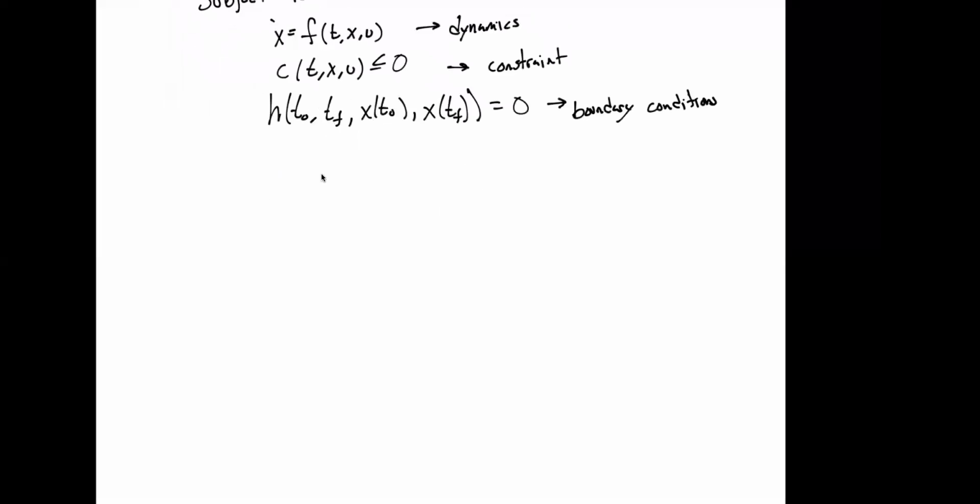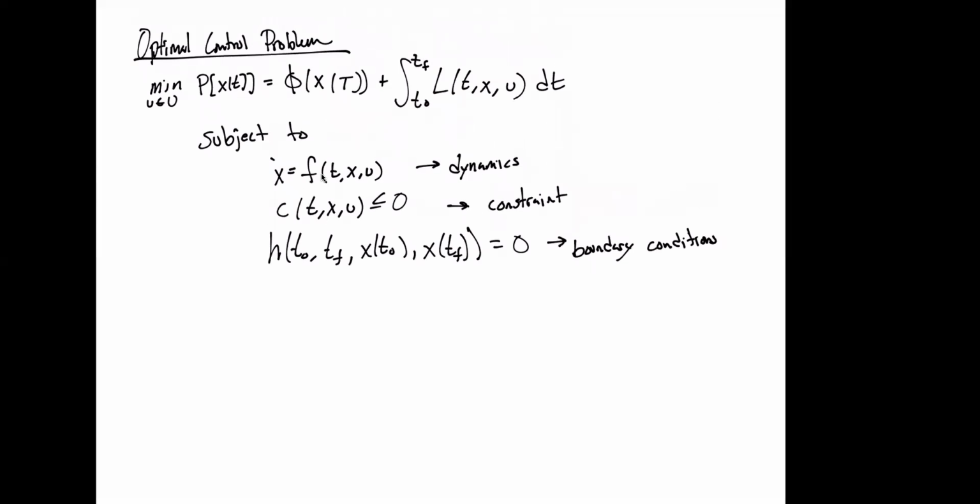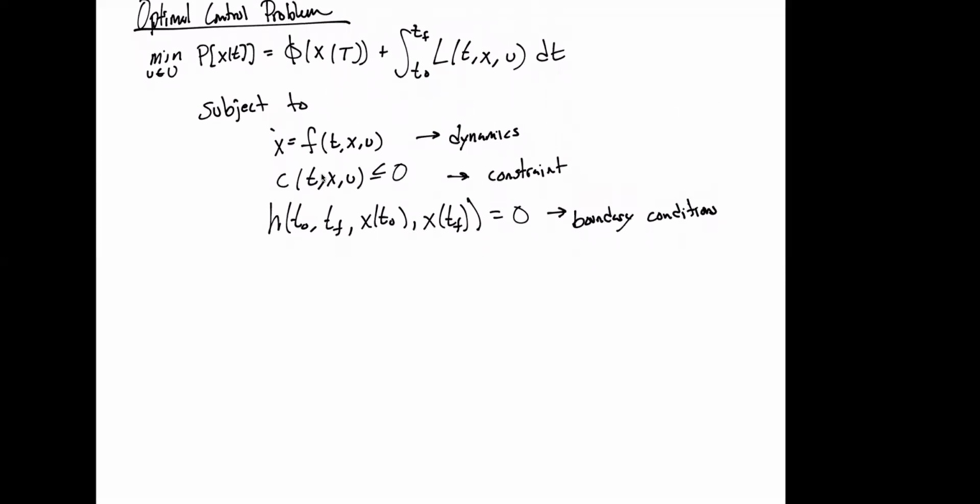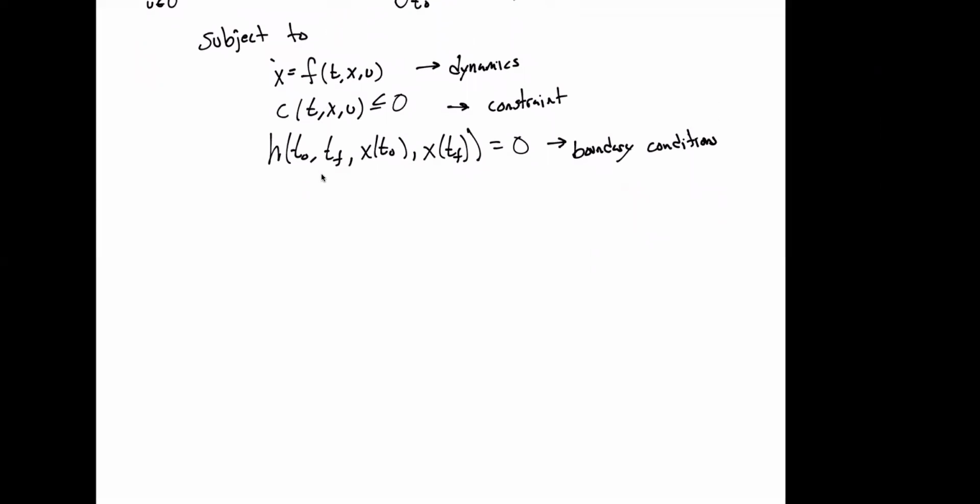So one way to handle this type of optimization problem, where we have a cost function, dynamics, constraints, and boundary conditions, is to use what are called Lagrange multipliers.